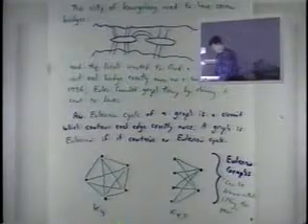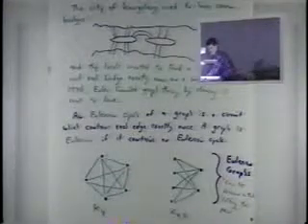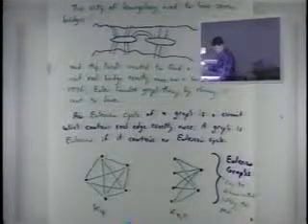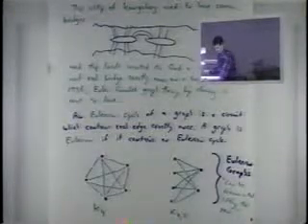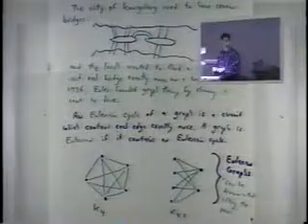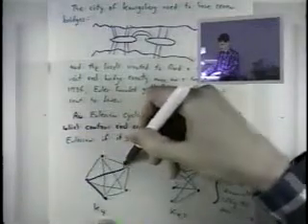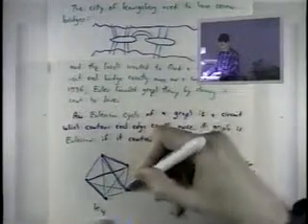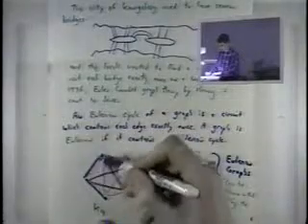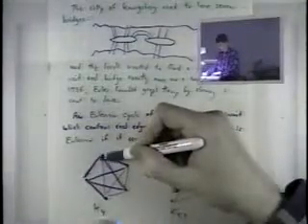So if we look at this graph here, let's see if we can draw an Eulerian cycle for this side here. We could travel along this edge, this edge, this edge, this edge, this edge, this edge, this edge, this edge, this edge, and this edge.